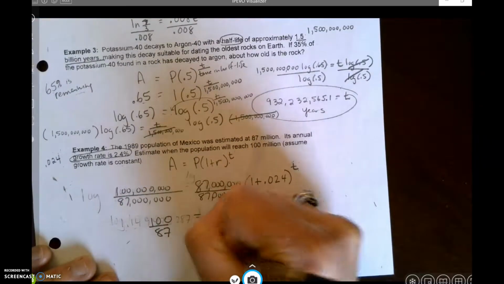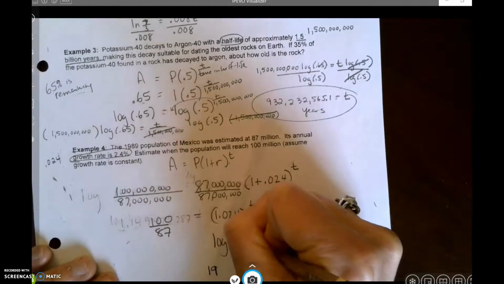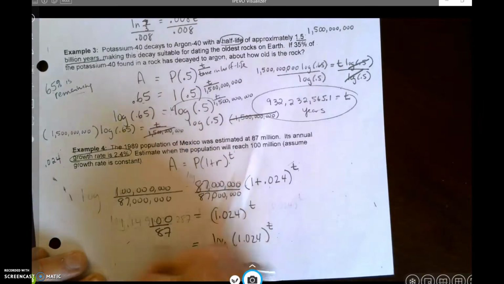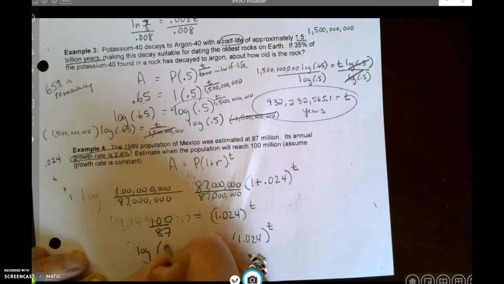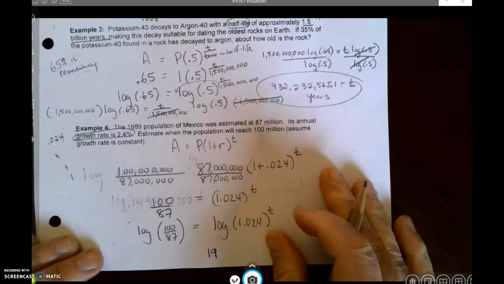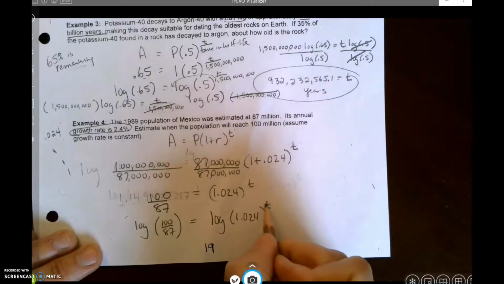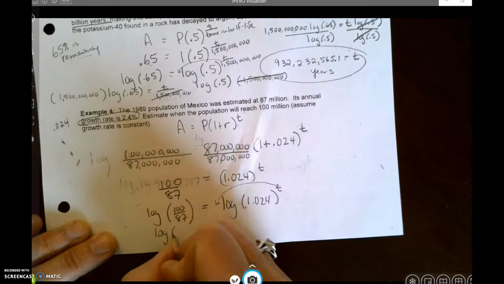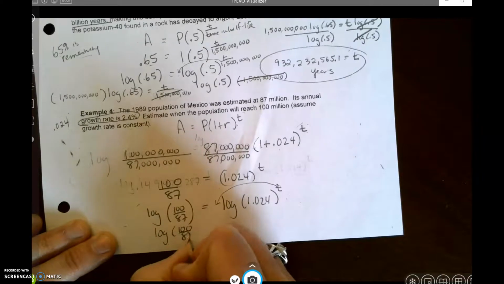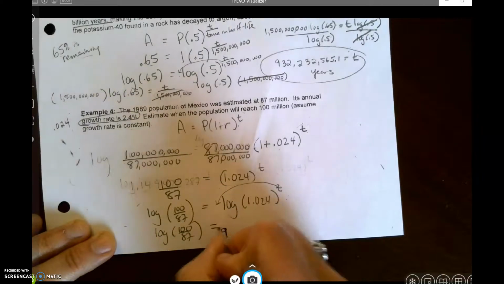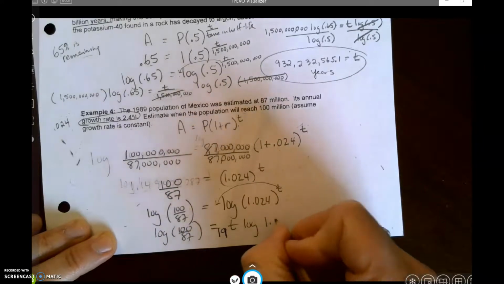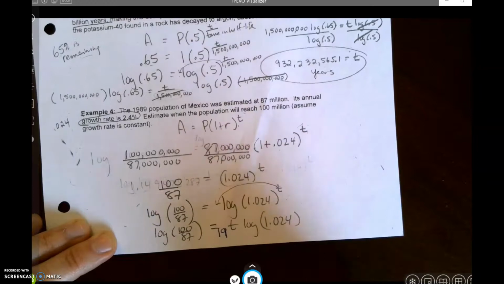So the log of 1.024 to the t equals the log of 100 over 87. Take the log of each side, which means we can move the t to the front. So the log of 100 over 87 equals t times the log of 1.024.